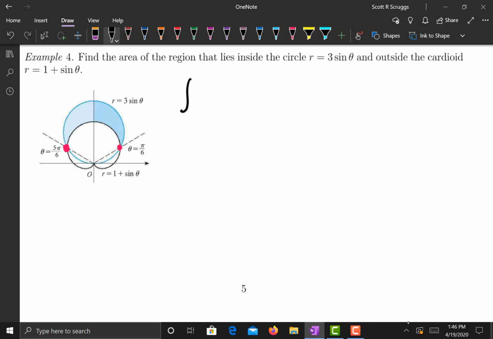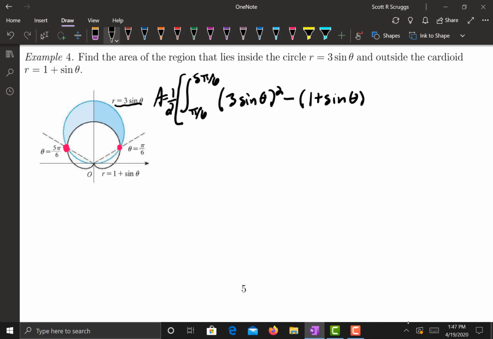So in this case, my area is 1/2 times the integral from pi over 6 to 5 pi over 6 of the function that is greater, which in this case is 3 sine of theta squared, minus 1 plus sine of theta squared, d theta.